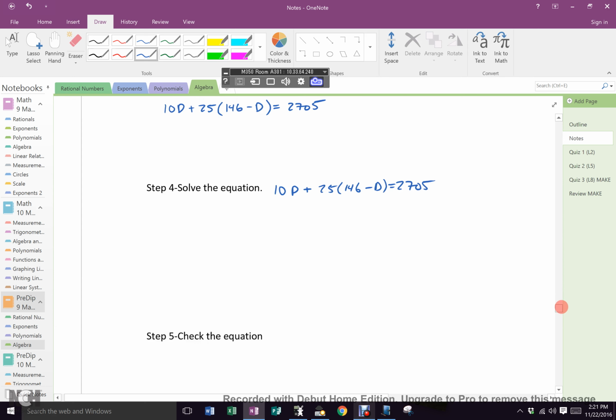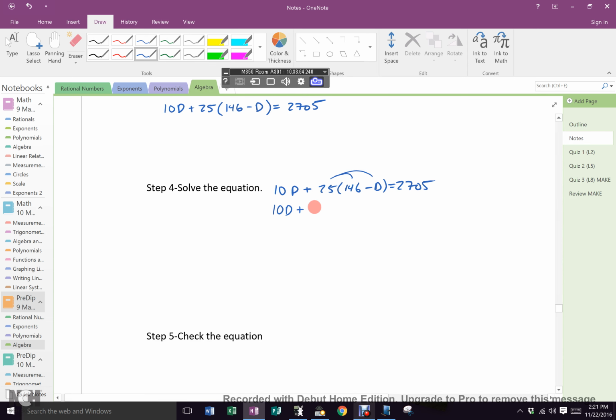You guys can all solve this at your own pace, but what should I do first? I should expand and get rid of brackets, shouldn't I? Are you able to do that in your head? No. You can do 25 times 146 in your head, Anish? No.